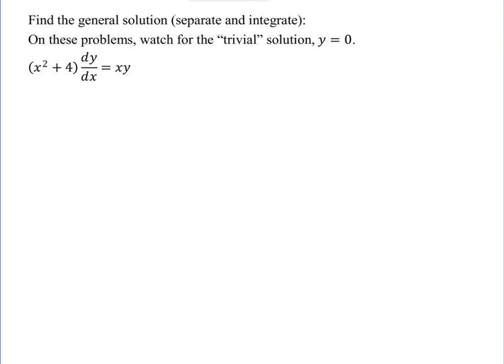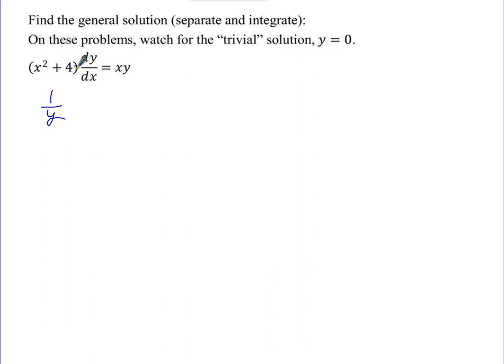All right, so let's do a separation of variables here, and then we'll integrate from there. So what do I need to do? So how do I do that? Divide both sides by y, so now I have 1 over y.